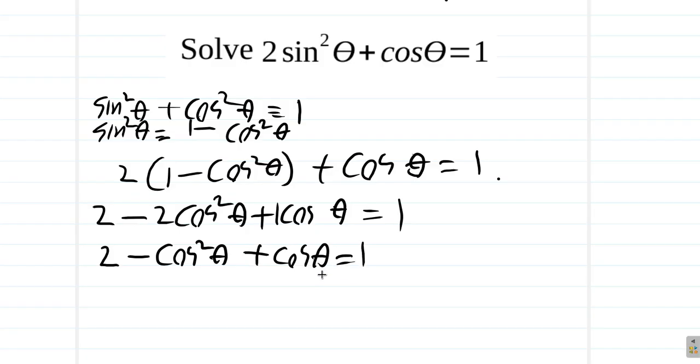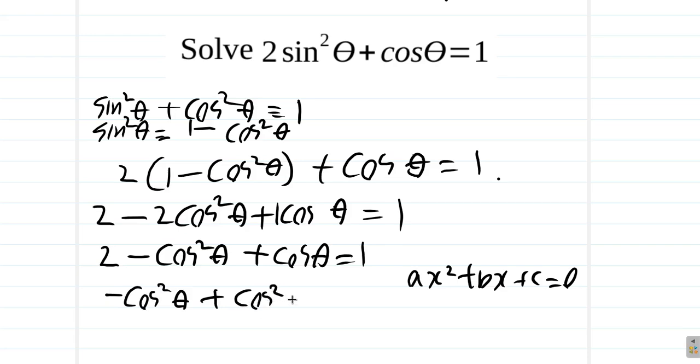Now you want to write this in the form ax squared plus bx plus c equals 0. So suppose you say negative 2 cos squared theta plus cos theta, keep everything on the left, plus 2, and then you subtract 1, minus 1 equals 0.